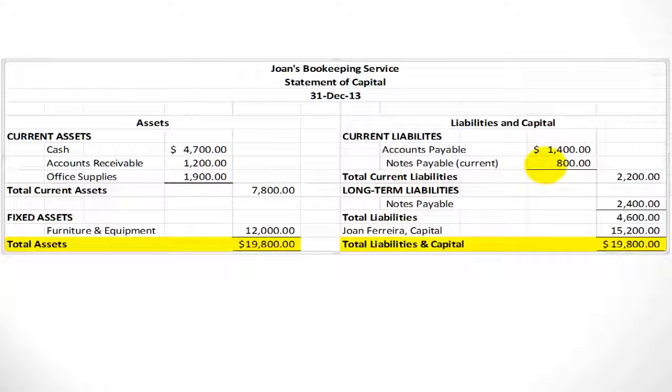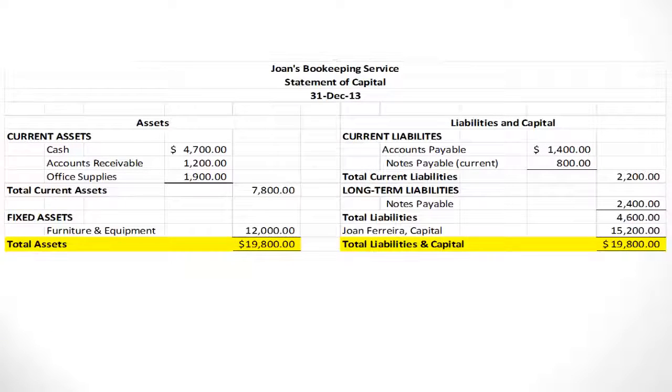So in this case, $800 of this loan needs to be paid within a year. The other $2,400 are considered long-term liabilities because it's going to take a longer time to pay out. So this is a snapshot of Joanne's bookkeeping business on December 31st, 2013.